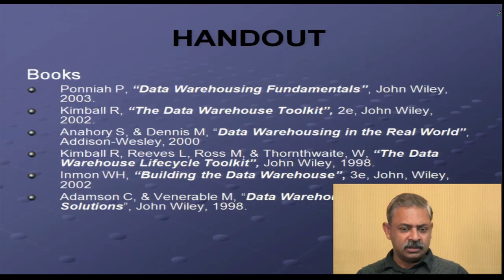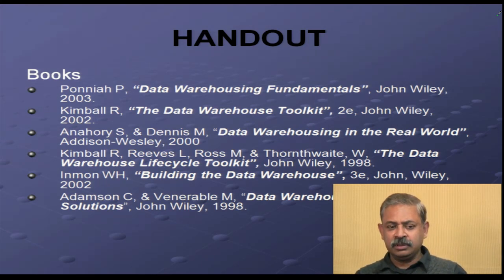Initially, I'll talk about the kind of books and references that I'll be referring to in this course. The main books are Paulraj Ponniah, then Kimball. Kimball is a book that we'll use mainly for the modeling part.